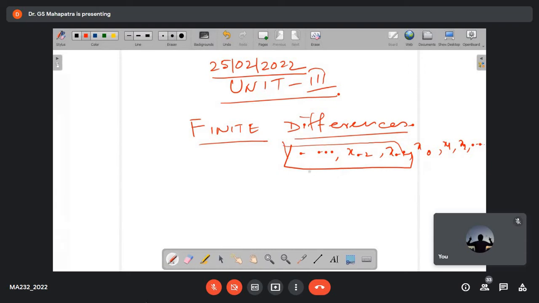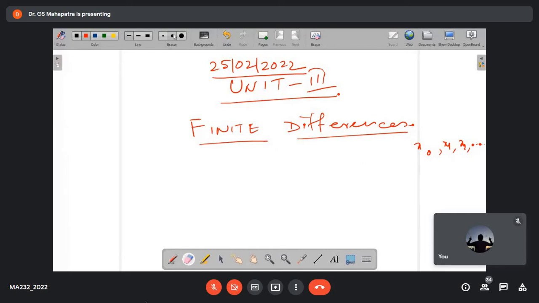For the divided difference, you have to consider the negative side part also. That means, in the notation, 0 is the middle point. For central difference, 0 is the middle point, and both the left-hand side and right-hand side will be there. Right now, for initial discussion, let only this part be there.